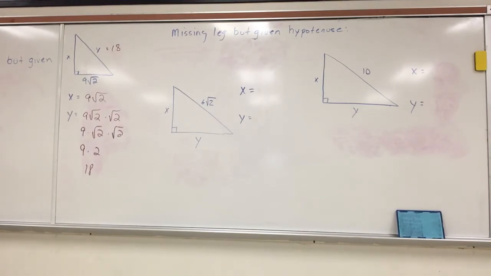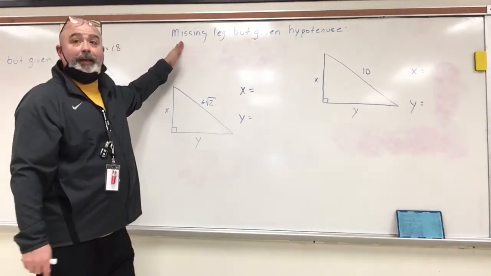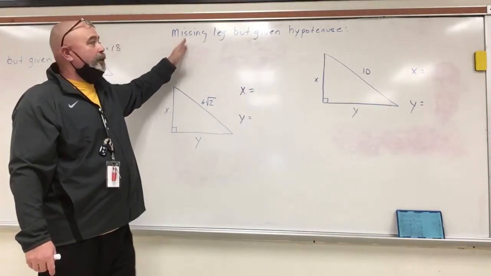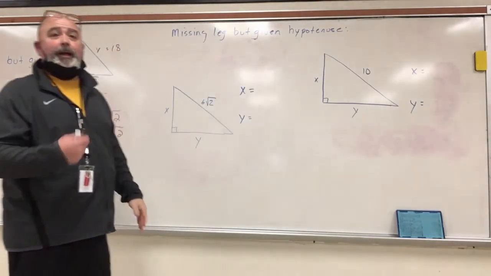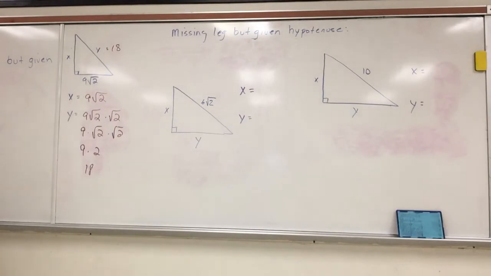Alright. The next type of problems you're going to have today are these: you're missing the leg, but you're given the hypotenuse. I'm going to go back to this real quick. To find the hypotenuse, the hypotenuse equals leg times square root of 2.